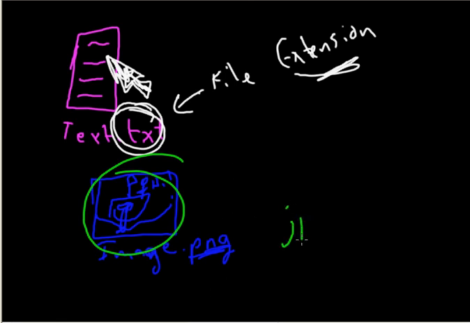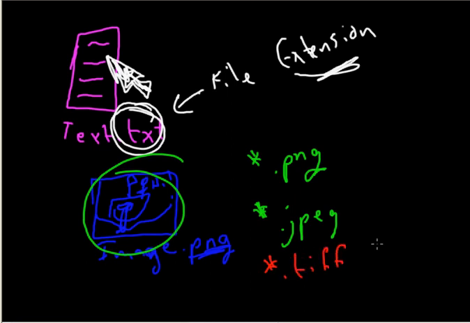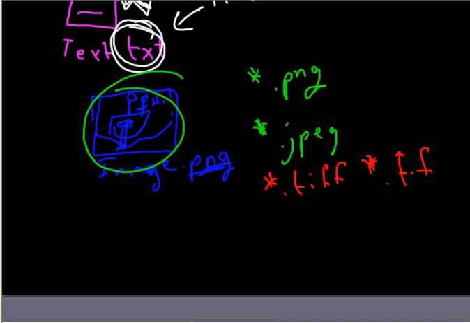And there's also JPEG, and you usually have the dot and then a little asterisk saying that it can have any name before that. It's called a wildcard in the computer world. And then you also have JPG, and one that's not so common is TIFF or TIF, but you don't have to worry about that right now.